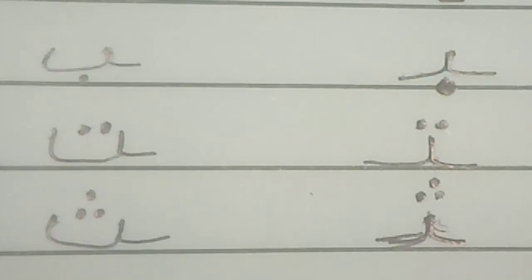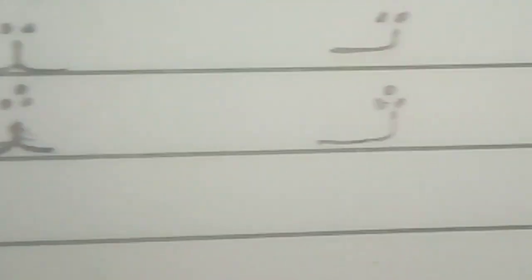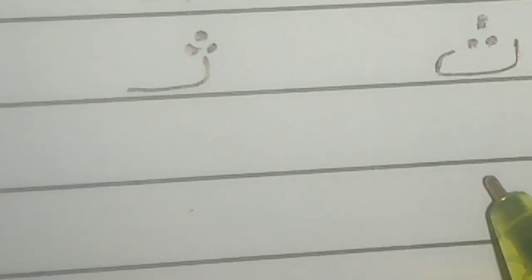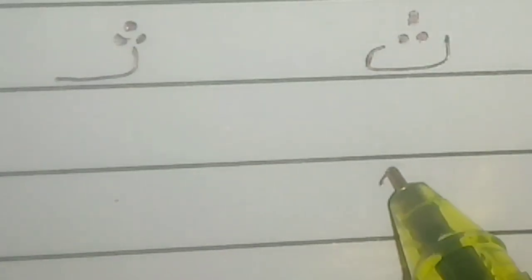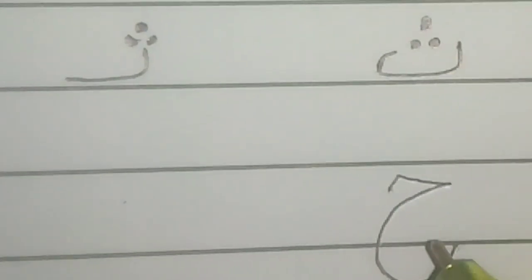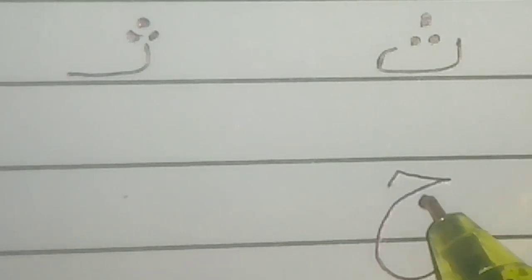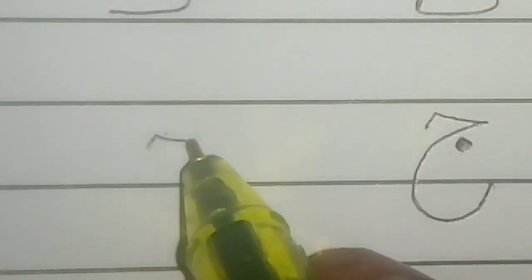Now, the other alphabet that we have is the Jim. The original form of the Jim is like this, with one dot under its head. Now, if it's appearing in the beginning of a word, it looks like this with only the head.